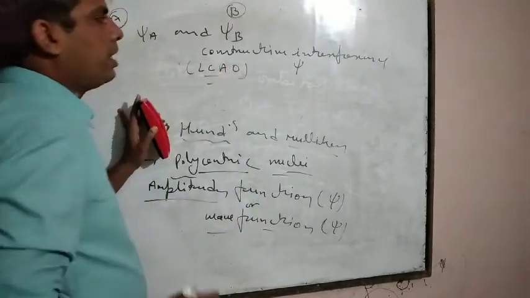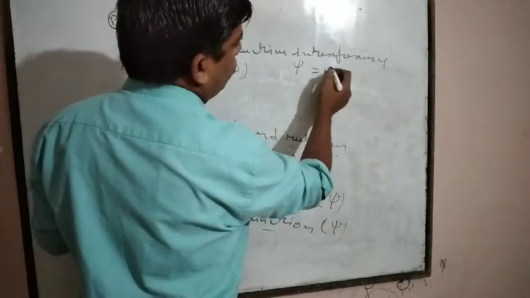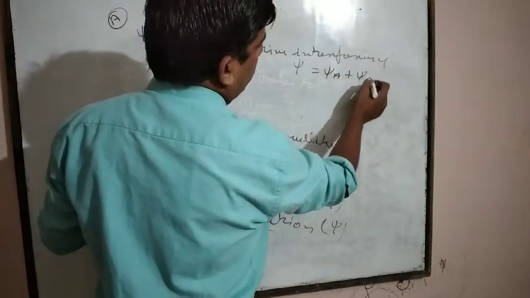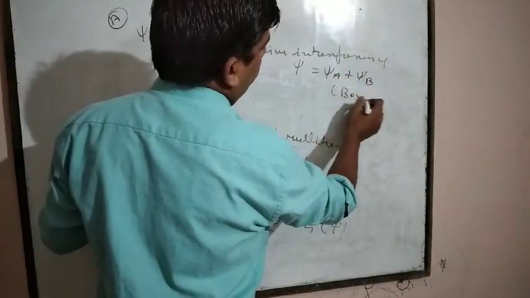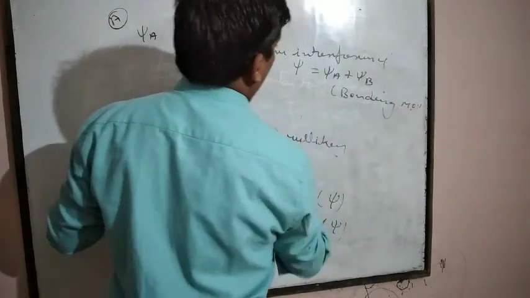It is a linear combination of atomic orbitals which gives rise to molecular orbitals. Psi is equal to psi a plus psi b, the bonding molecular orbital.